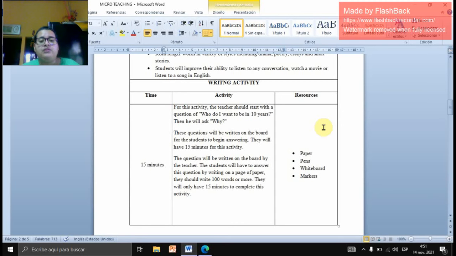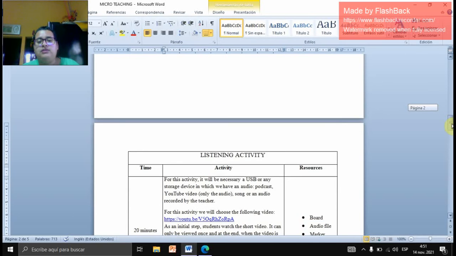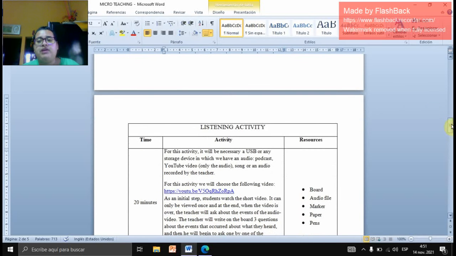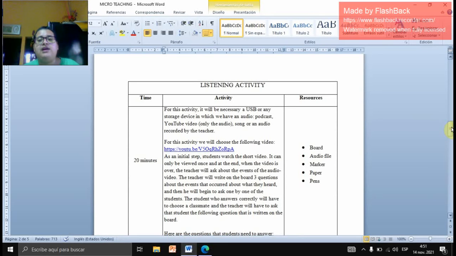They should write 100 words or more, and they will only have 15 minutes to complete this activity. And the lesson activity is my micro teaching, so I'm going to present that in the last activity.